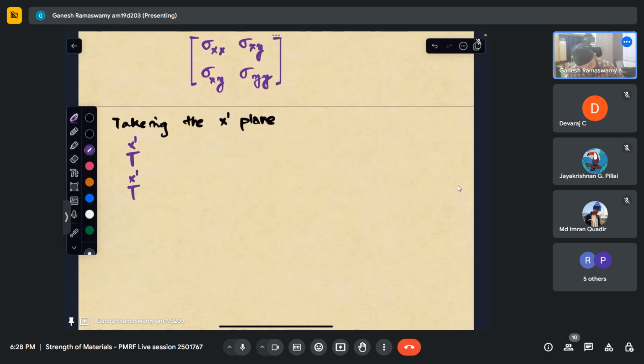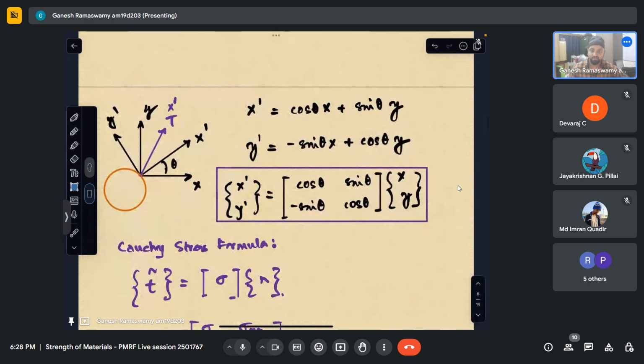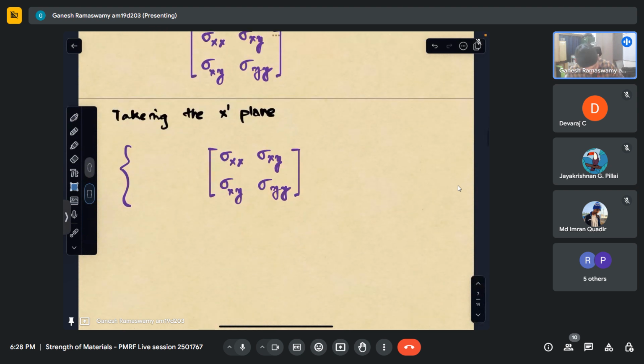Okay, so I have the stress tensor here. Now I want to find out this traction Tx prime. So Tx prime is nothing but along x, Tx prime along y.